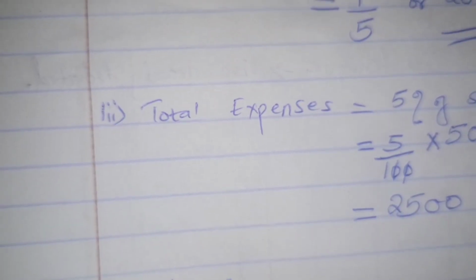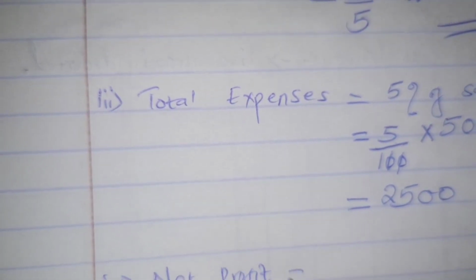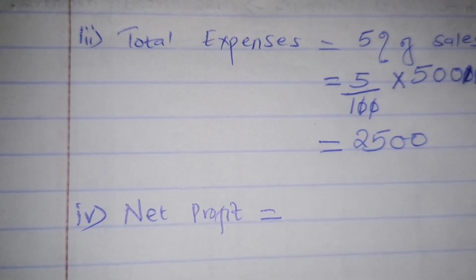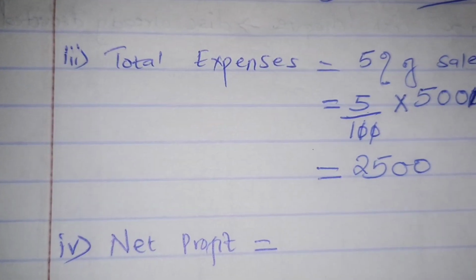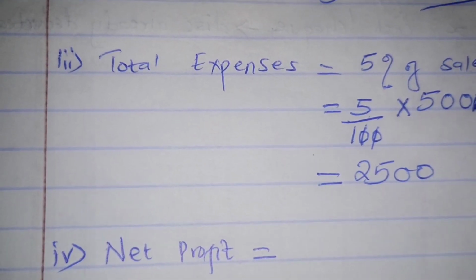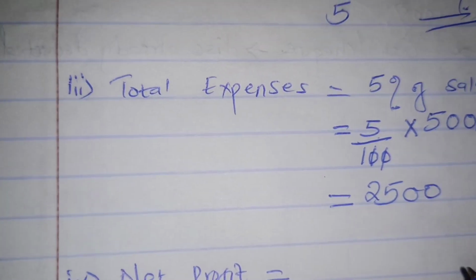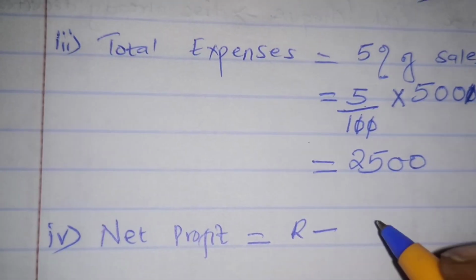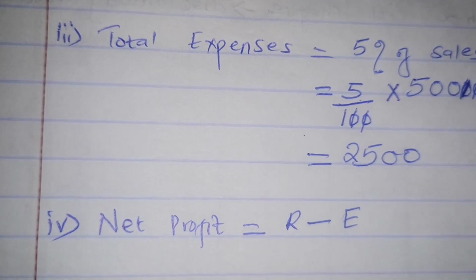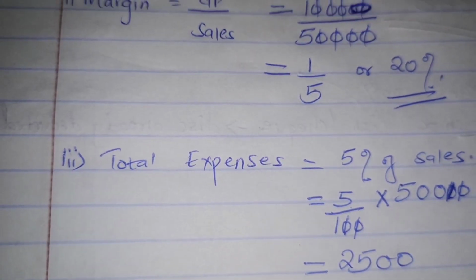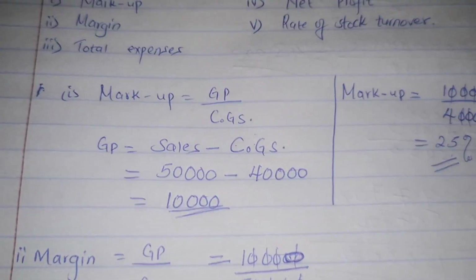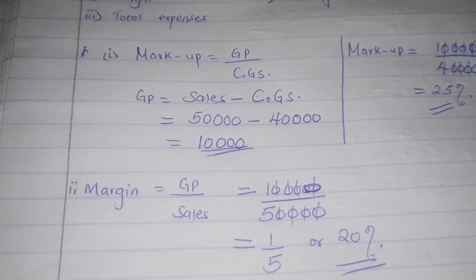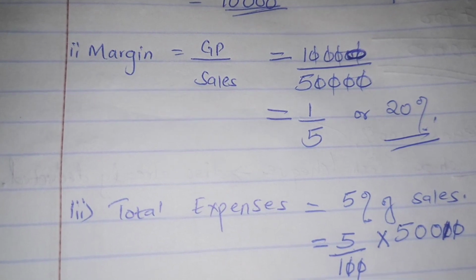Then we have net profit. Net profit is given by income or revenue minus the total expenses. In our case, the only revenue or income we have is the gross profit, which is 10,000.